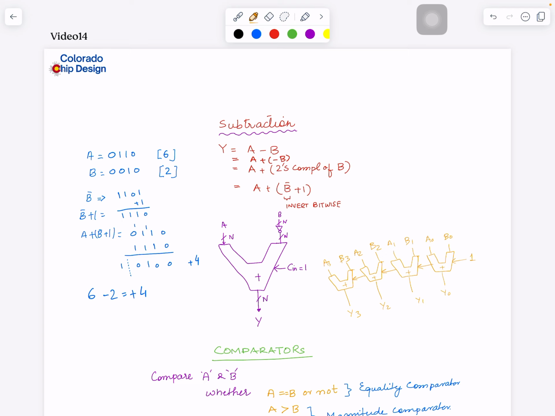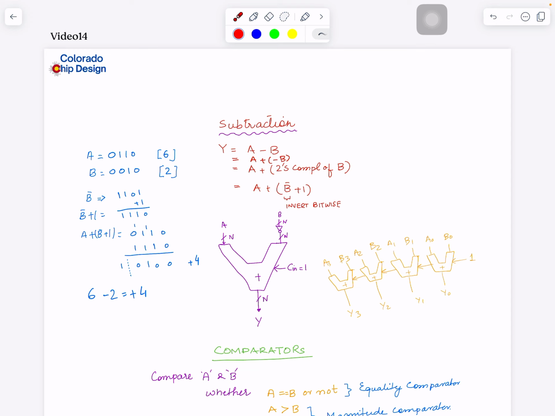Today's topic is subtraction and comparator. We are on combinational circuits, and I'm making different higher level components, circuits that can perform very useful operations on input data.